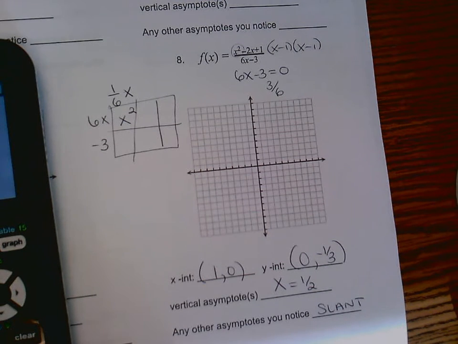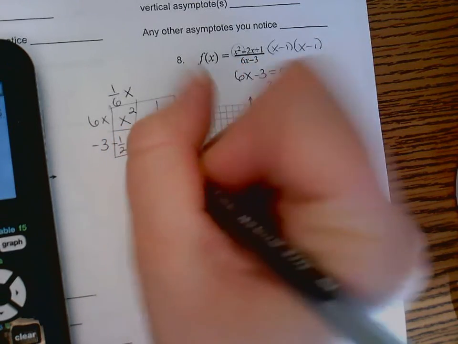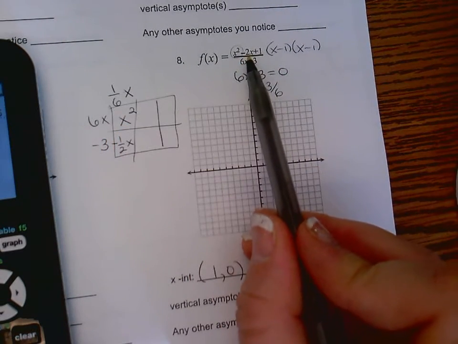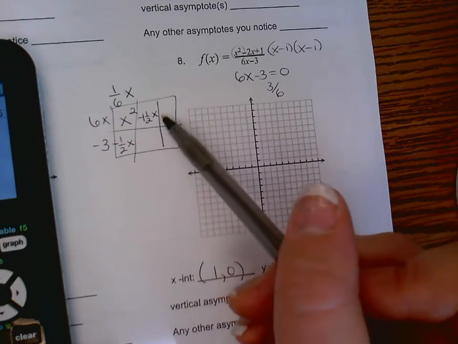This is not going to be a great division problem for you to do. Would that be -1/2? Yep, so you get -1/2 x. How many x's did I want? -2. Oh yeah, this was kind of a messy problem. So this would have to be -1.5.